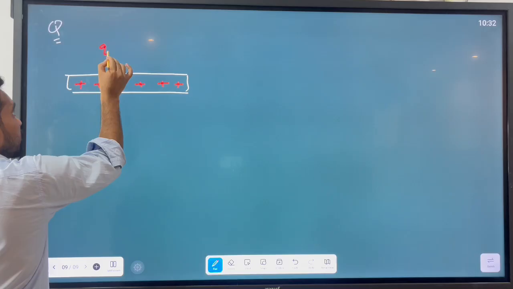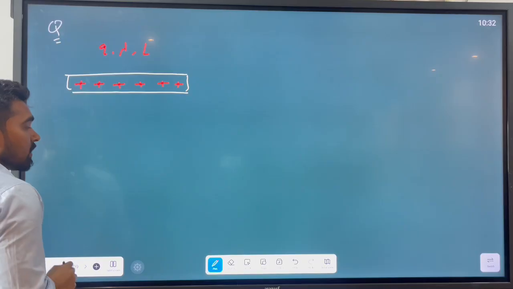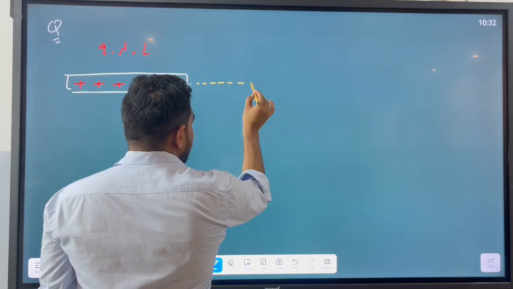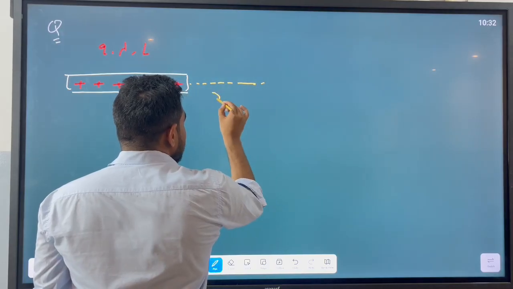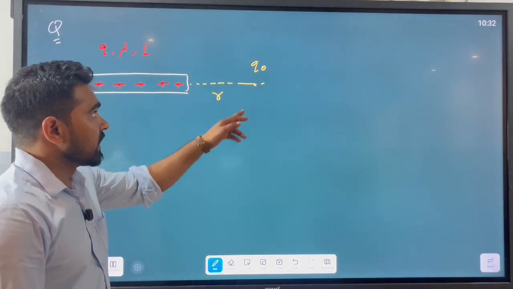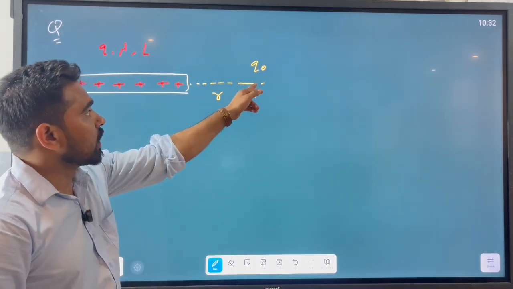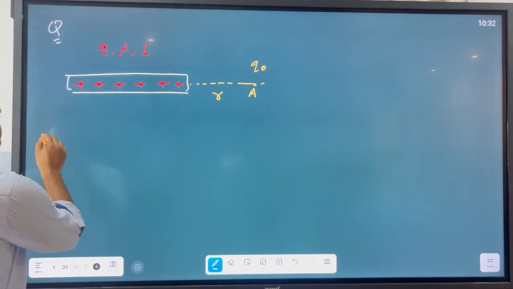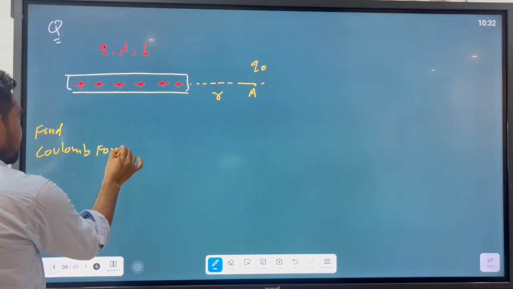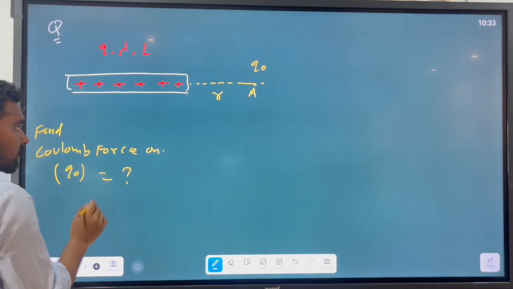Here the charge is q, the linear charge density is lambda, and the length of the rod is L. At a distance r, a second point charge q naught is placed at point A. Find the Coulomb force on the point charge q naught.